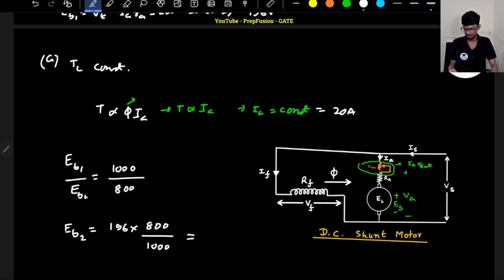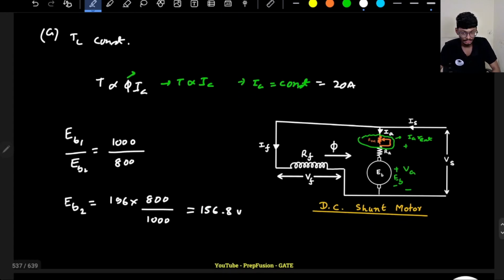So this will be basically 4 divided by 5 into 196, so 156.8 volts is the EB2. This will be equal to Vt minus Ia into Ra plus R external, that is the additional external resistance that I will connect, so that the voltage drops further.